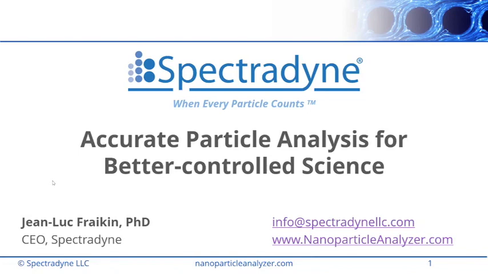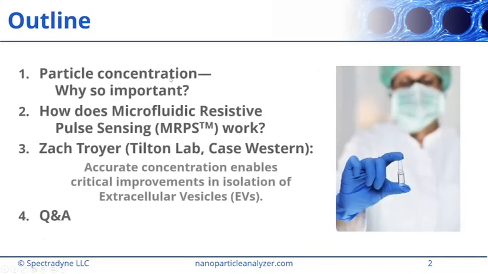The webinar today will talk about accurate particle analysis and why that's important for good control of your science and making sure that you can tighten your experimental variability as much as possible. So in the webinar, we'll talk about three basic sections. One will be why particle concentration is so important.